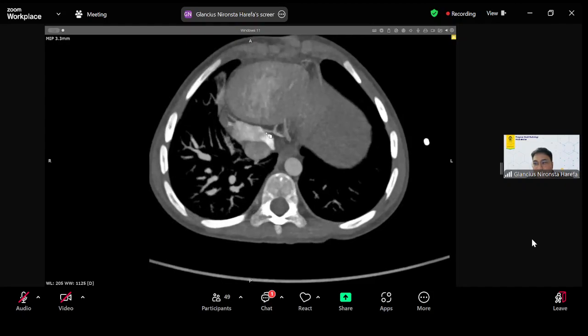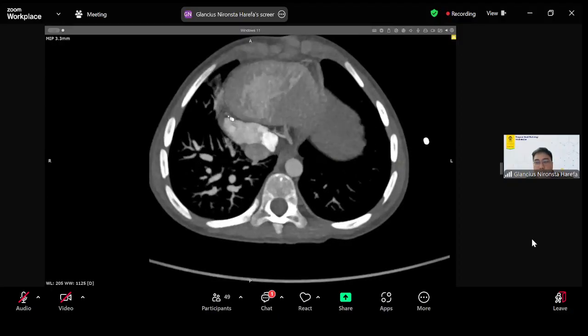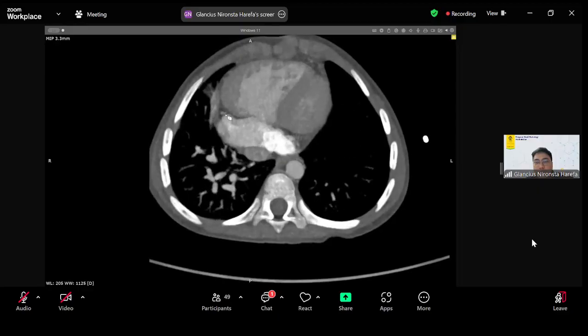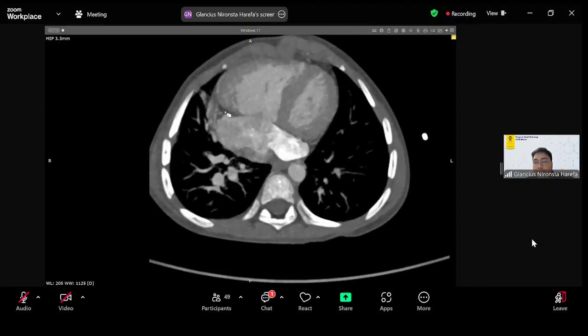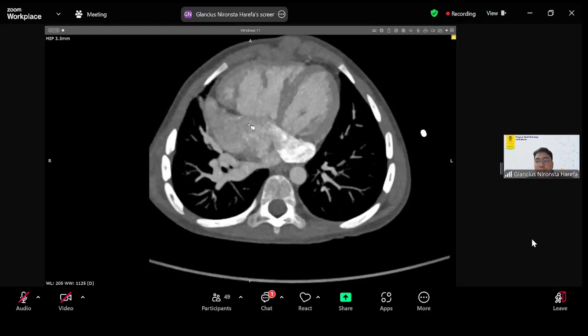Here, if we trace it distally, it extends and is visualized only up to this point. This patient is diagnosed with a cardiac anomaly involving a single coronary artery ostium. And this concludes the case presentation.